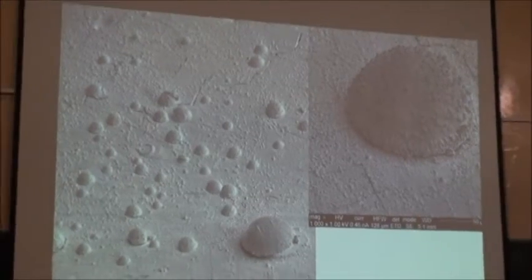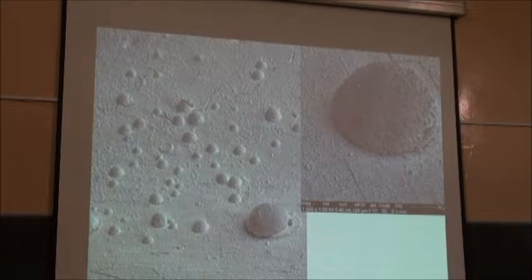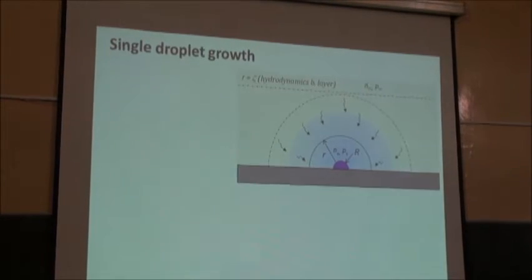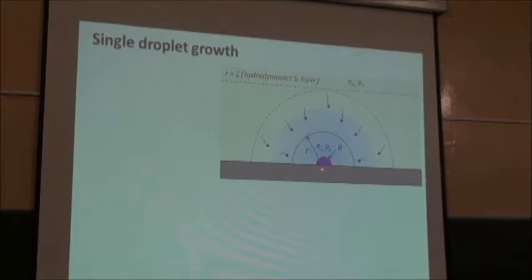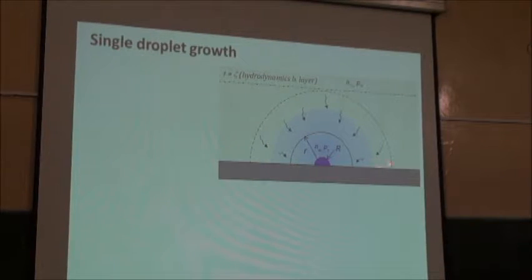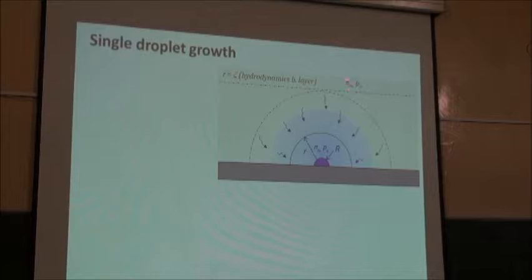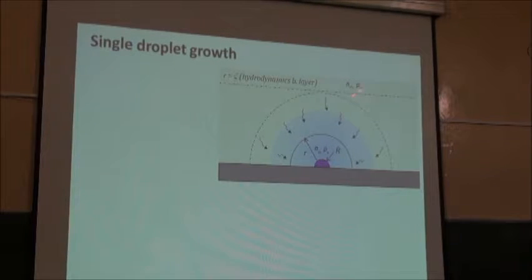They are not so close together. Some are close, some others are not. So well away from the drops, you have a constant concentration of water molecules, which corresponds to the vapor pressure at this temperature and this humidity.